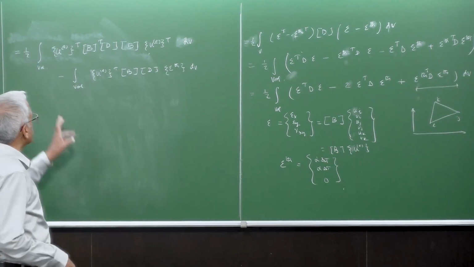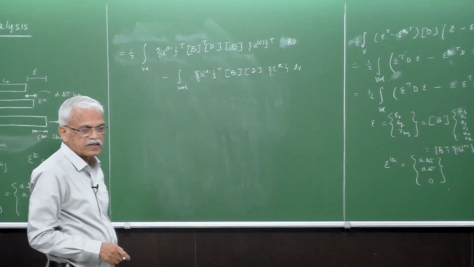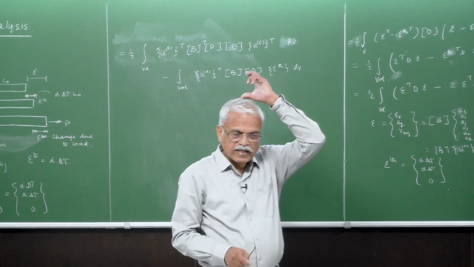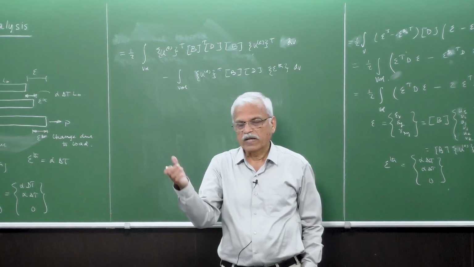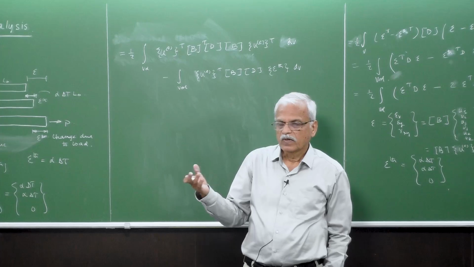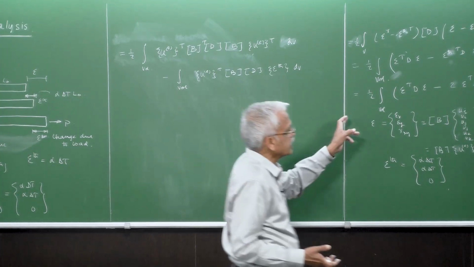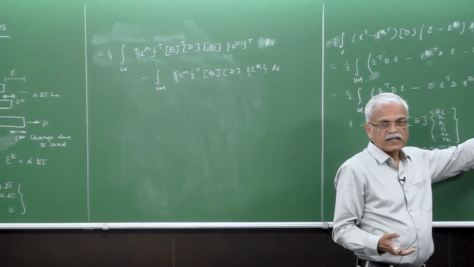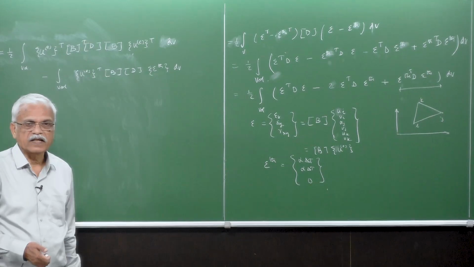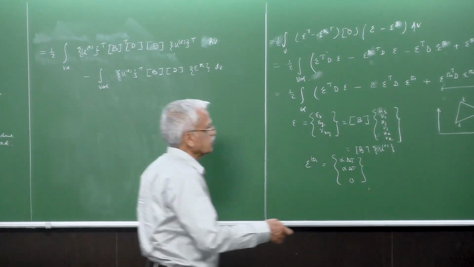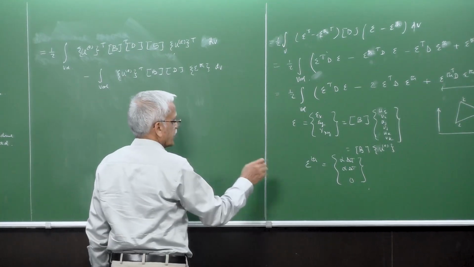While this is going as a part of potential energy, which we need to differentiate, dou pi by dou u1, dou pi by dou u2, and so on. If you differentiate this one, since it is a constant, it will not have any derivative value. So epsilon thermal is dropped here.